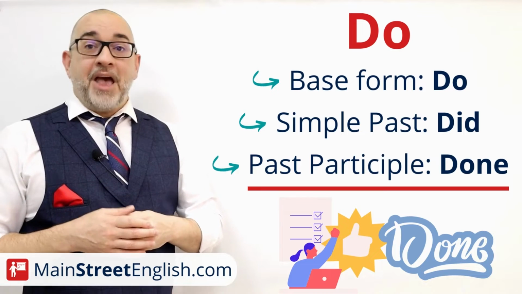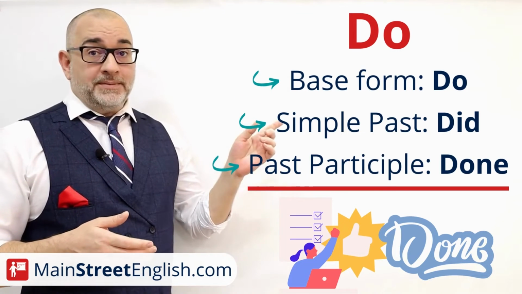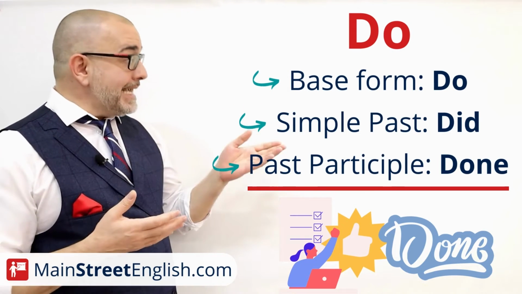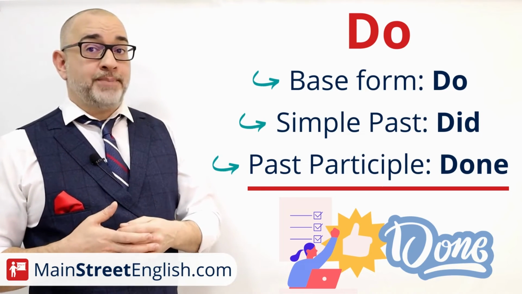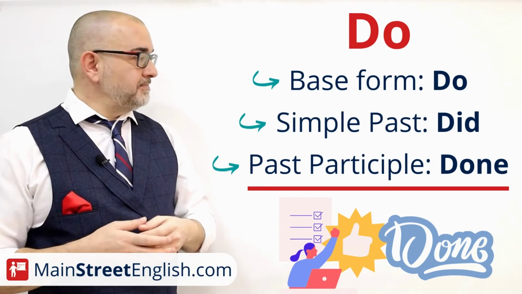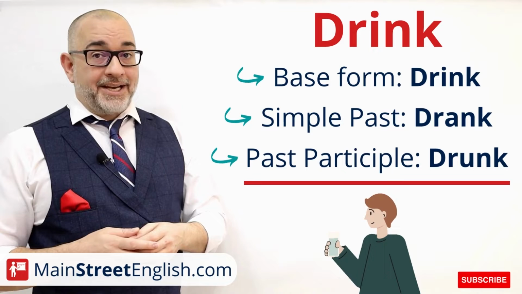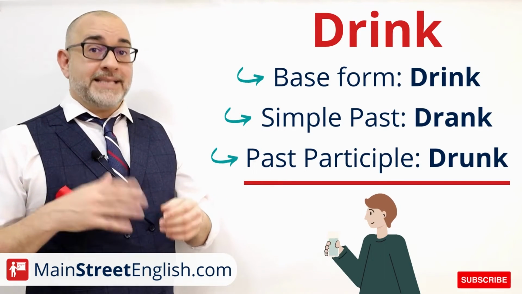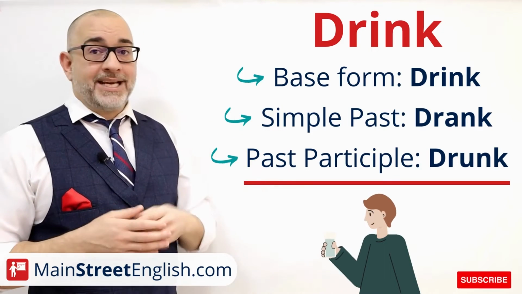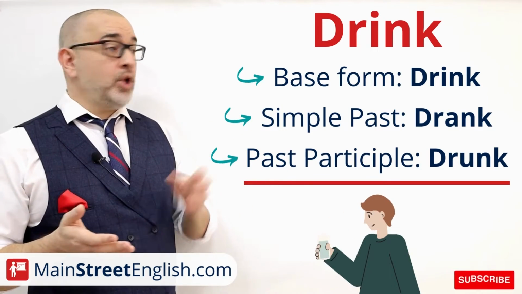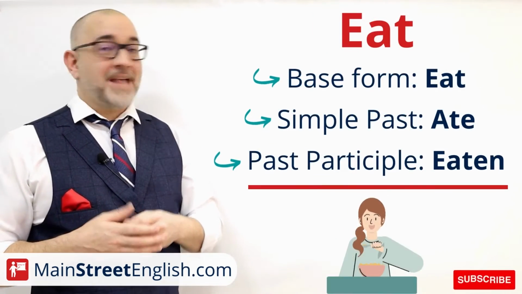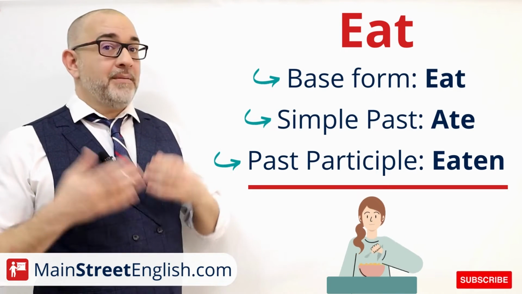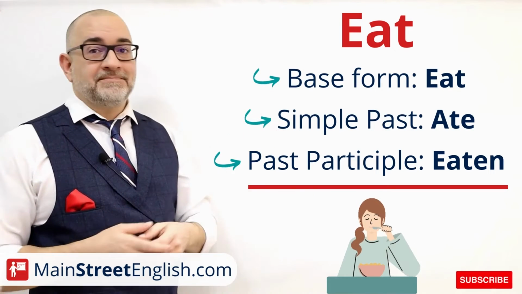Do. Base form do. Simple past did. Past participle done. Drink. Base form drink. Simple past drank. Past participle drunk. Eat. Base form eat.